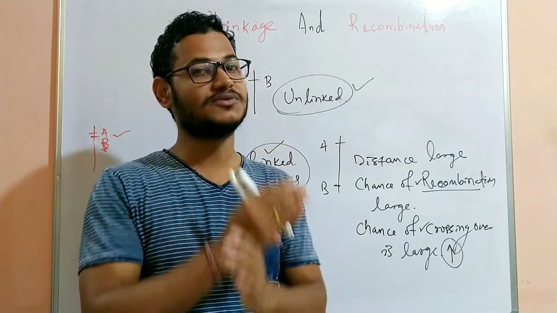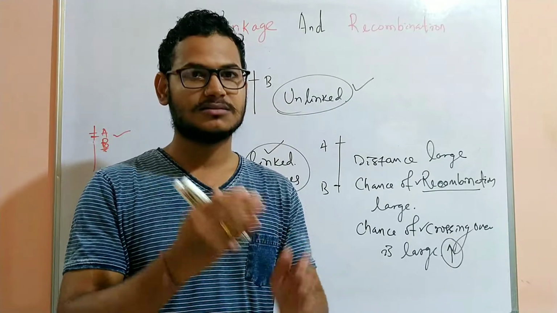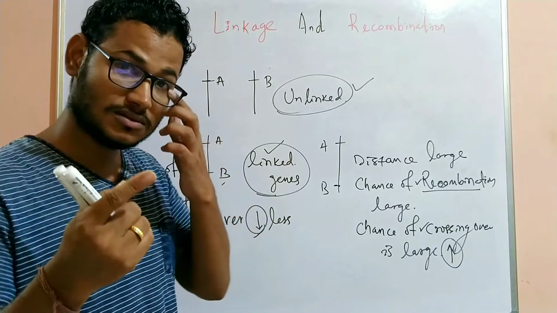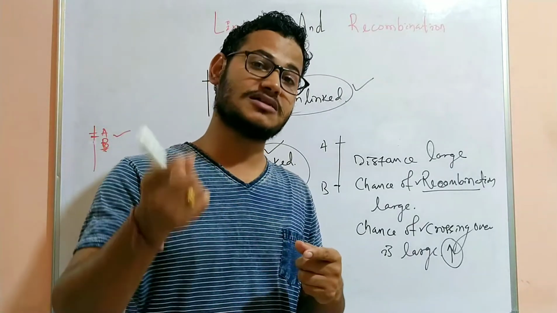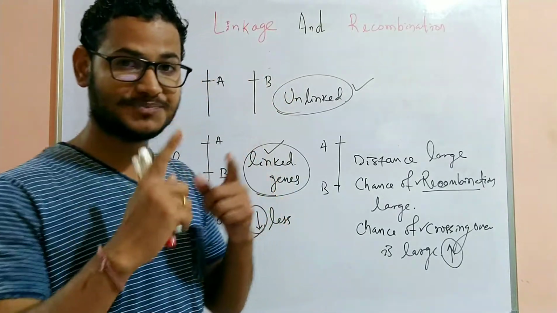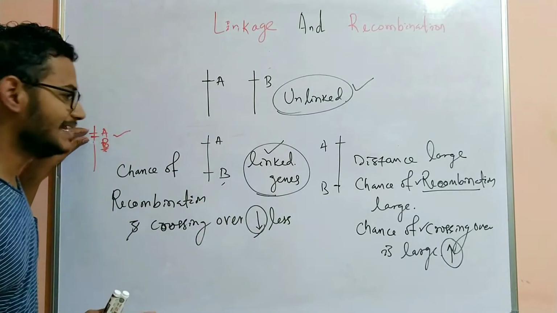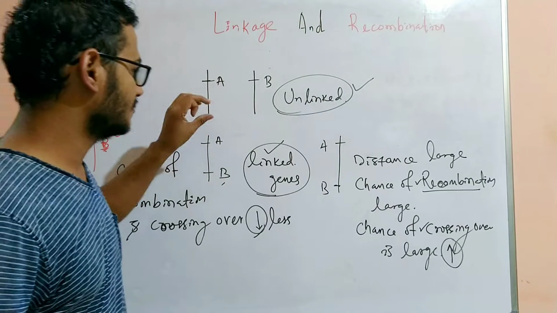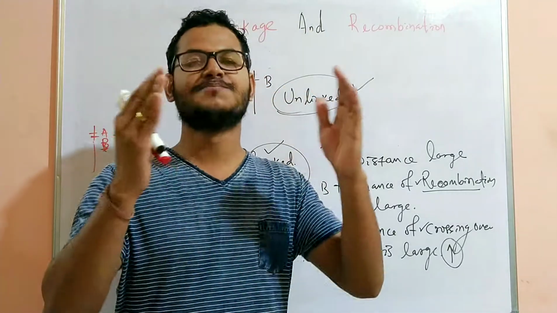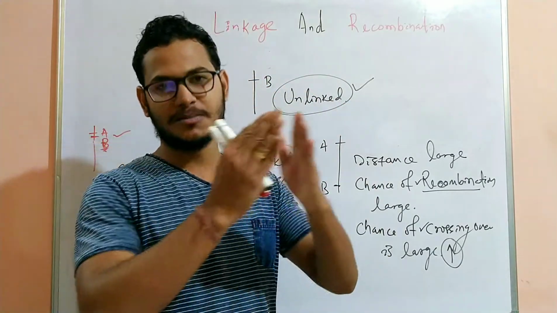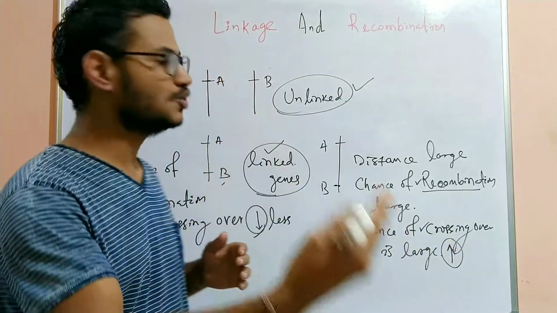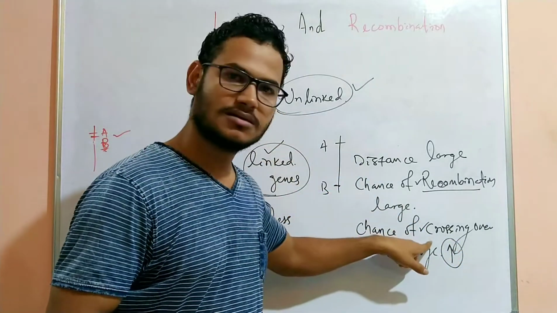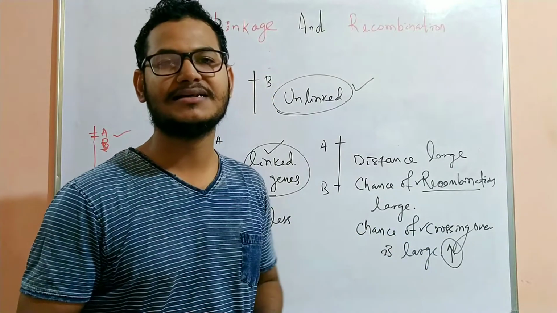So when crossing over does not occur, they do not separate, and sometimes crossing over also occurs, but they cannot separate because they are linked very close to each other. So linked genes are placed close to each other, unlinked genes are placed far away from each other or in two different chromosomes, that results in crossing over or recombination.